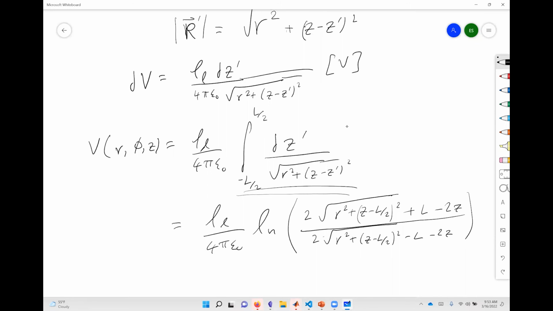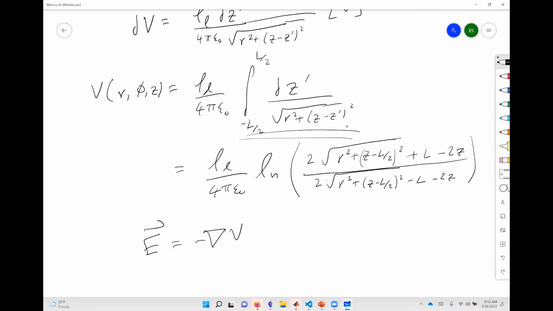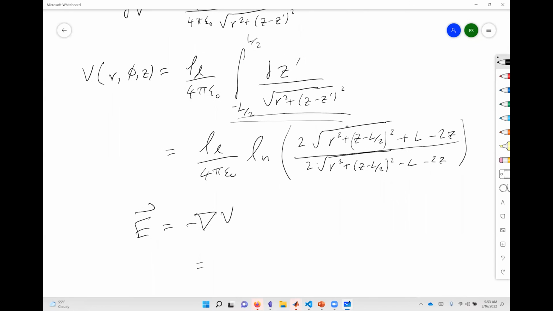Of course, once you calculate the potential, let's say I have V, how do I find E? E is now simply minus grad V. And what is grad V for cylindrical coordinates?